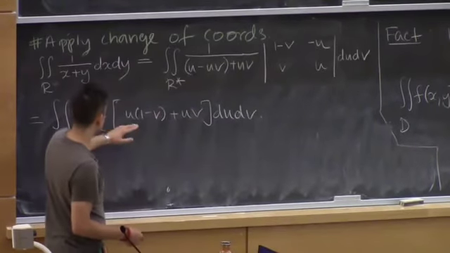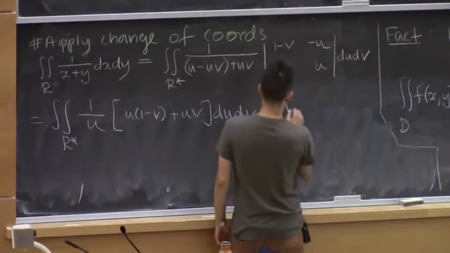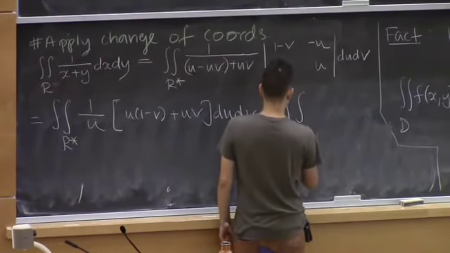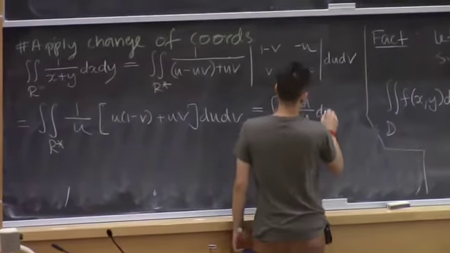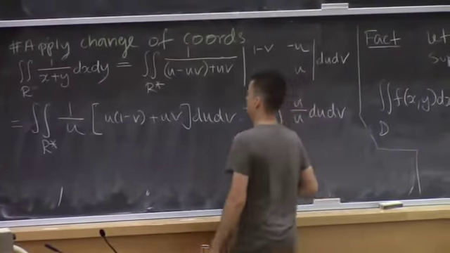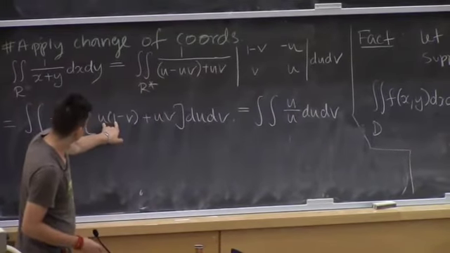Right, so we integrate this out, and the algebra happens that this gives us a u.